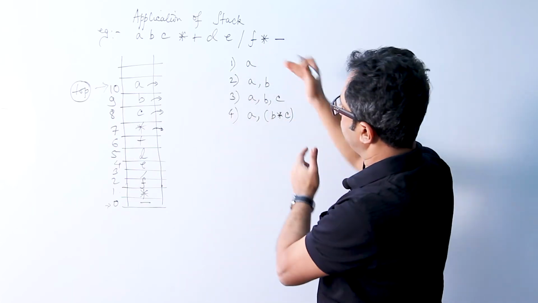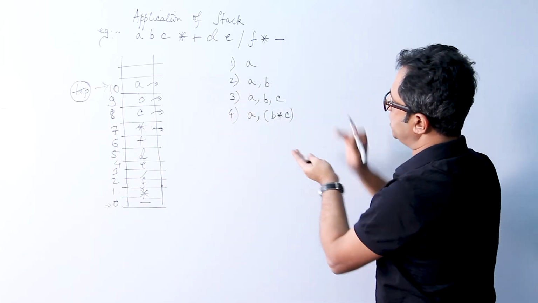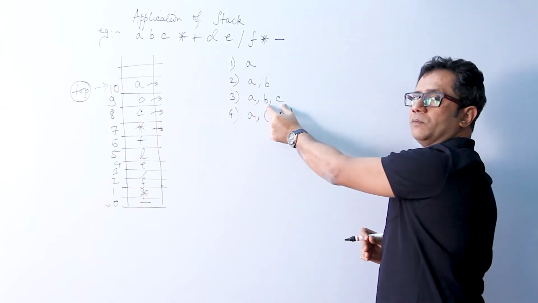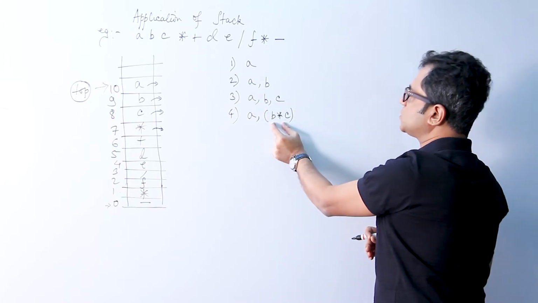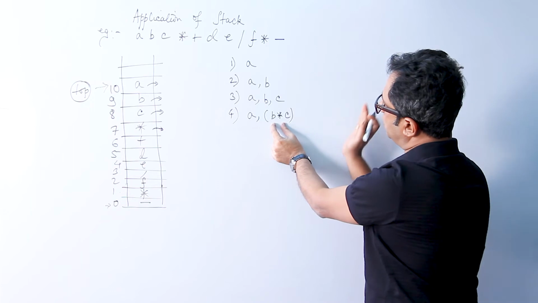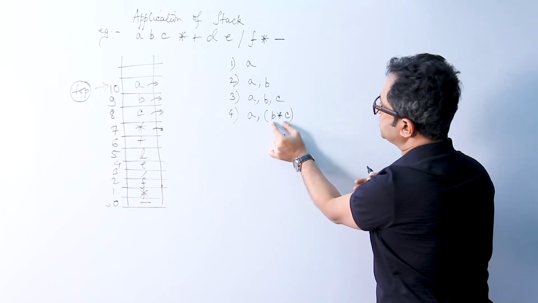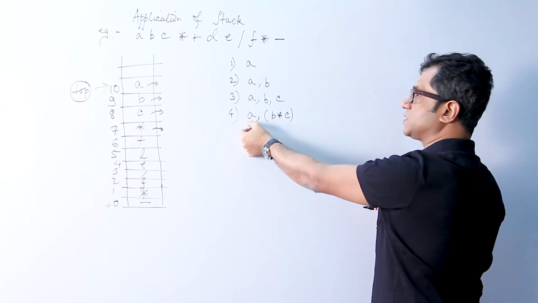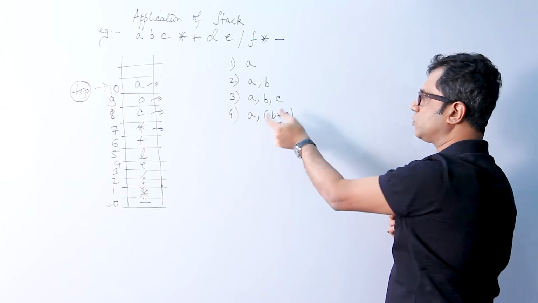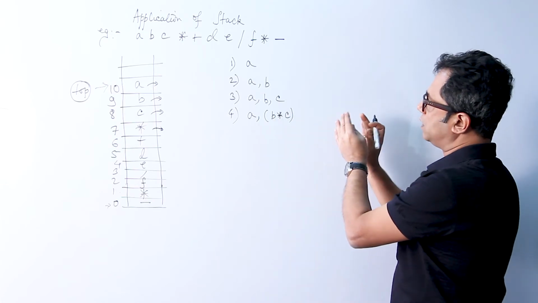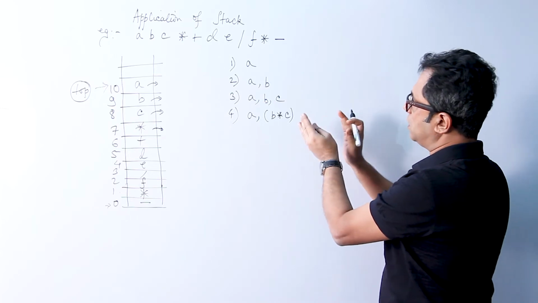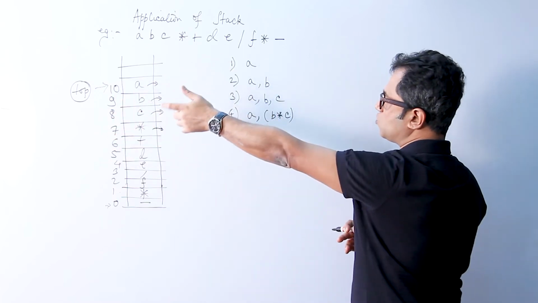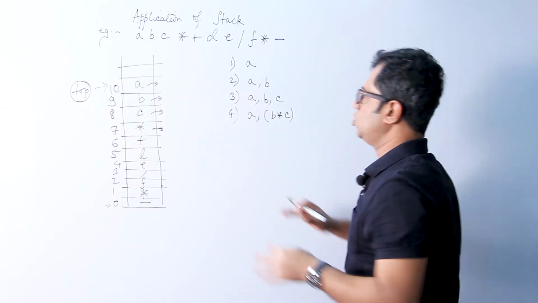We are pushing A, then we are pushing B, then we are pushing C above B, and then when we encounter this star, we take the 2 topmost elements from the stack, we pop them and perform this operation B star C and put the result back onto the stack, that is B star C. And now the stack may be thought of as containing 2 elements, that is A, and above that B star C. So B star C is now the top element of this stack, and this is another stack from which we are going to pop these elements and put them onto this stack.